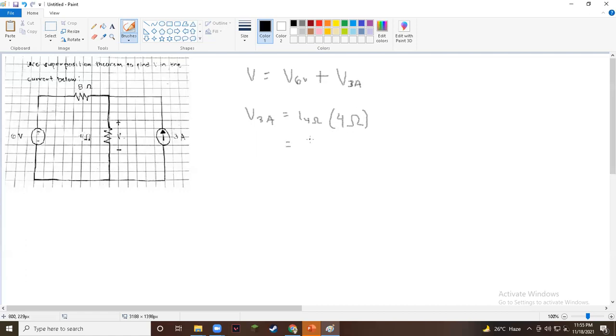Equals to, ang value ng I4 ohms natin is 2 amperes multiplied by 4 ohms is equal to 8 volts. Ayan, so nakuha na natin ang dalawang value natin. Then, pwede na natin tong ma-solve.